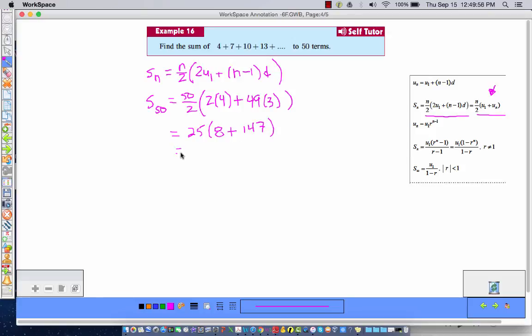Then that becomes 25 multiplied by 155, which is equal to 3,875. So the sum of the first 50 terms of this sequence is 3,875, which makes it a series.